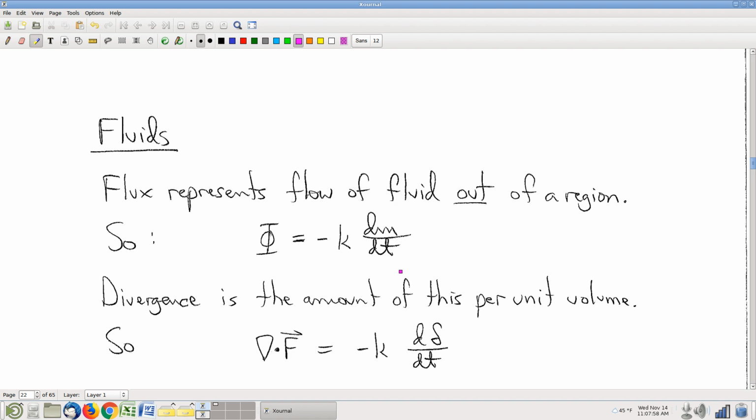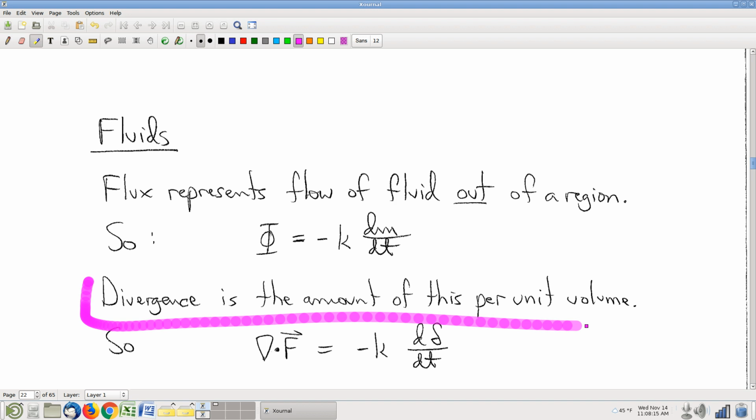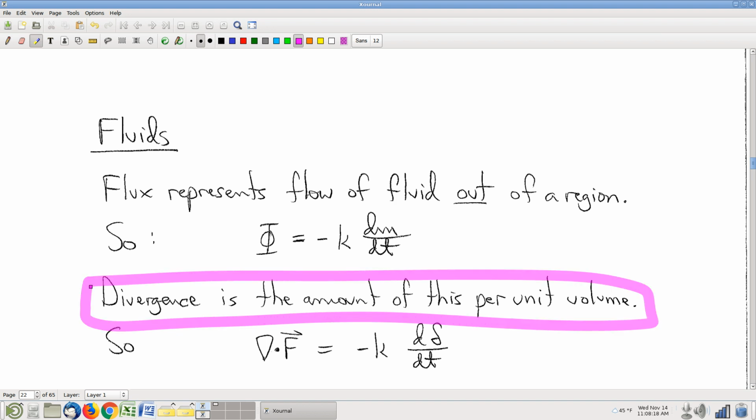Okay, so what I want to do with this, though, is make this sort of immediate physical interpretation of flux. And what does this tell us about divergence? Well, divergence is flux per unit volume.